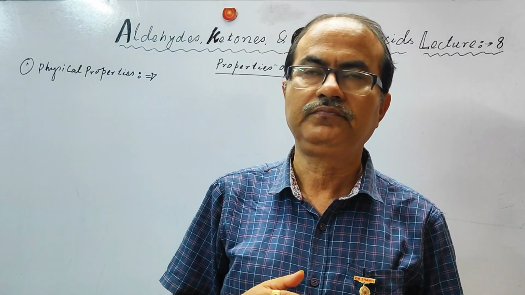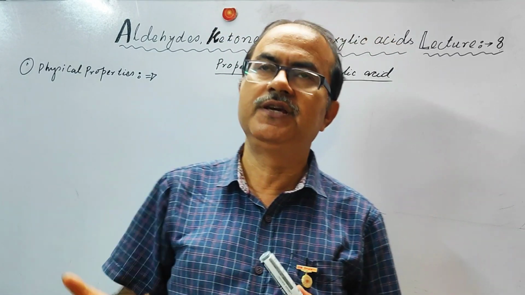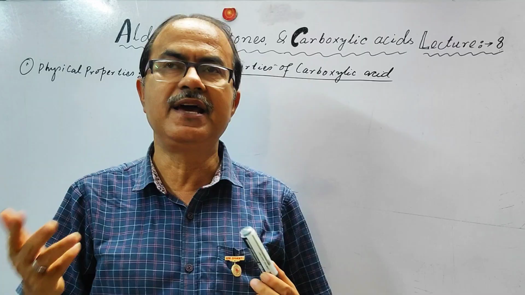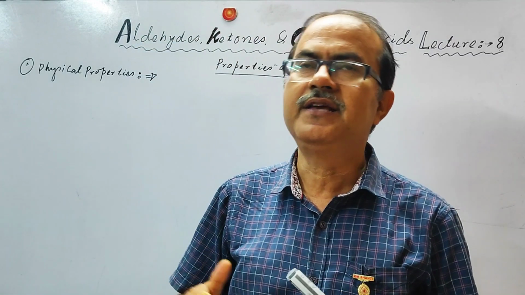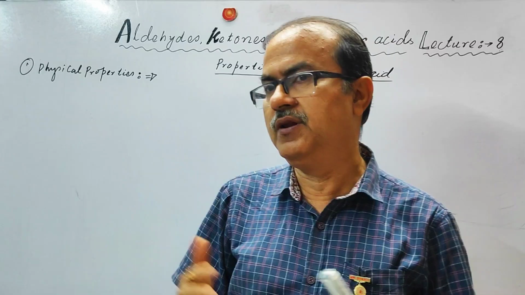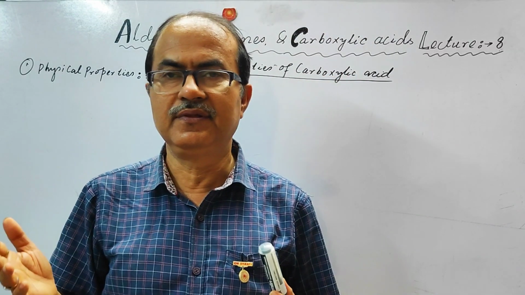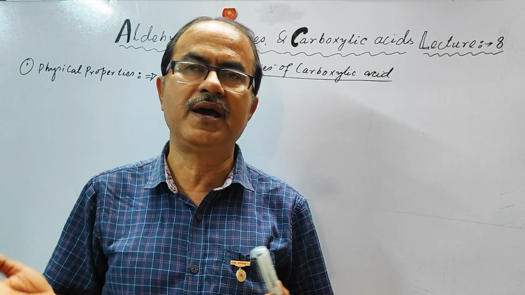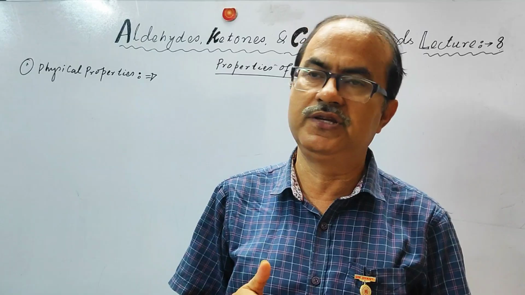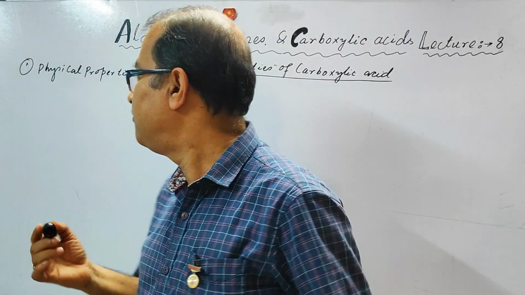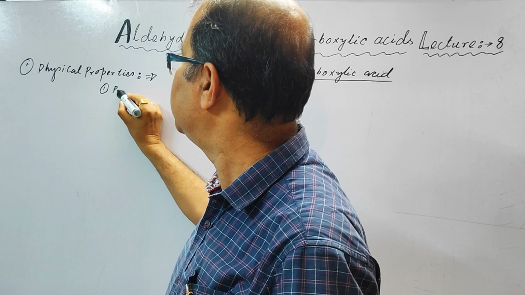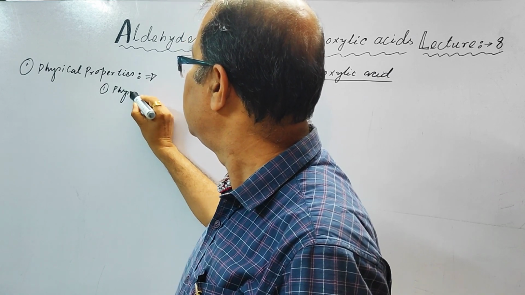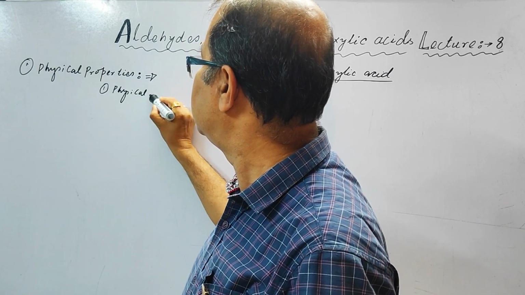But higher carboxylic acids exist as a wax-like solid, and naturally they do not have the unpleasant odor of the liquid carboxylic acids. So that is the first point, the physical state, that we have discussed.